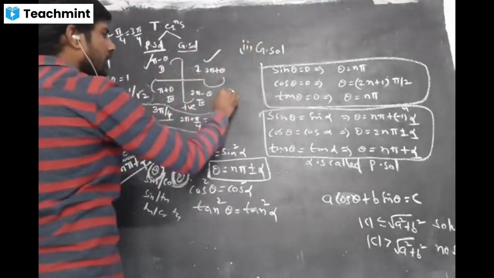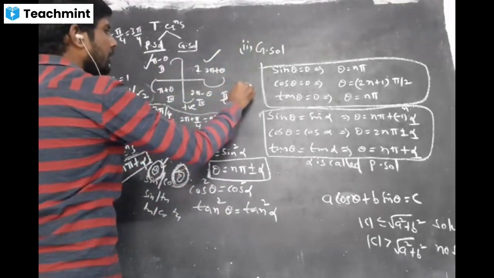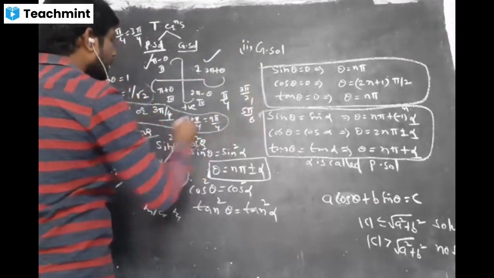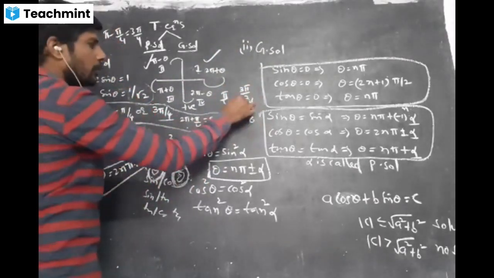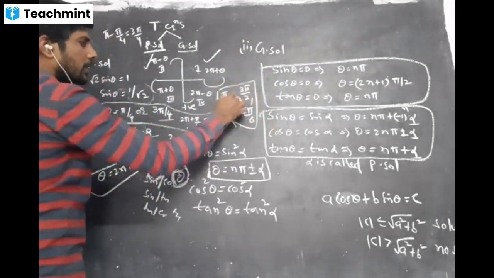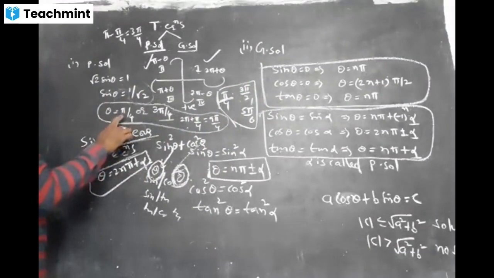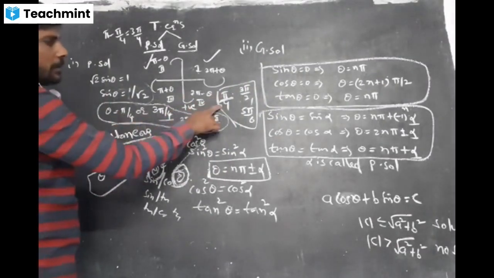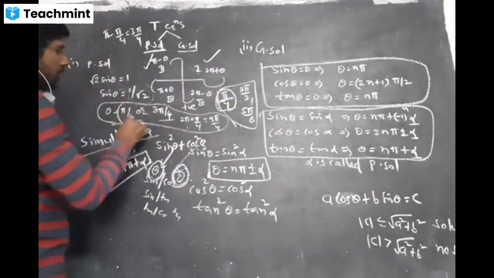For another function we get pi by 4, 3 pi by 2 and 5 pi by 6. Comparing the two sets of principal solutions, the common solution is pi by 4. Here is one pi by 4, here is one pi by 4. So the common solution is pi by 4.